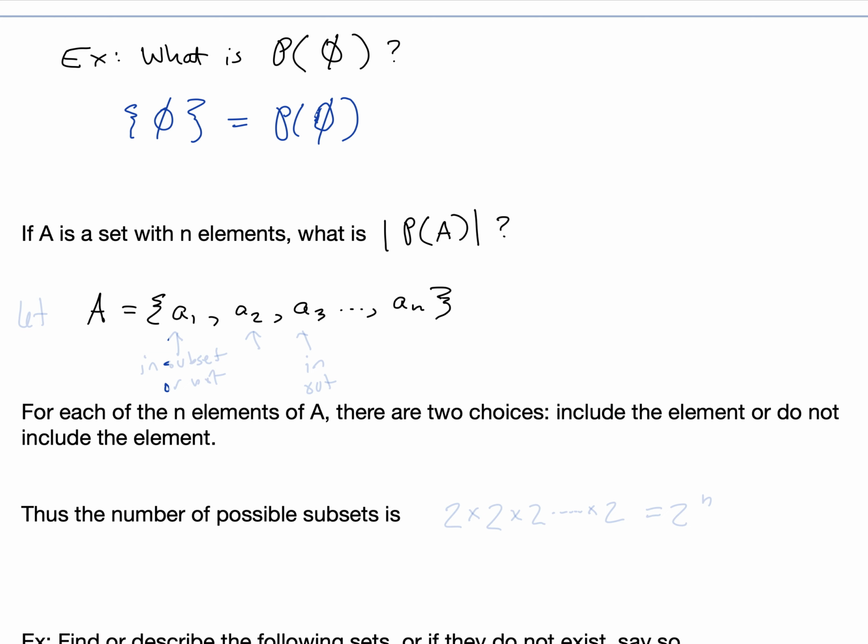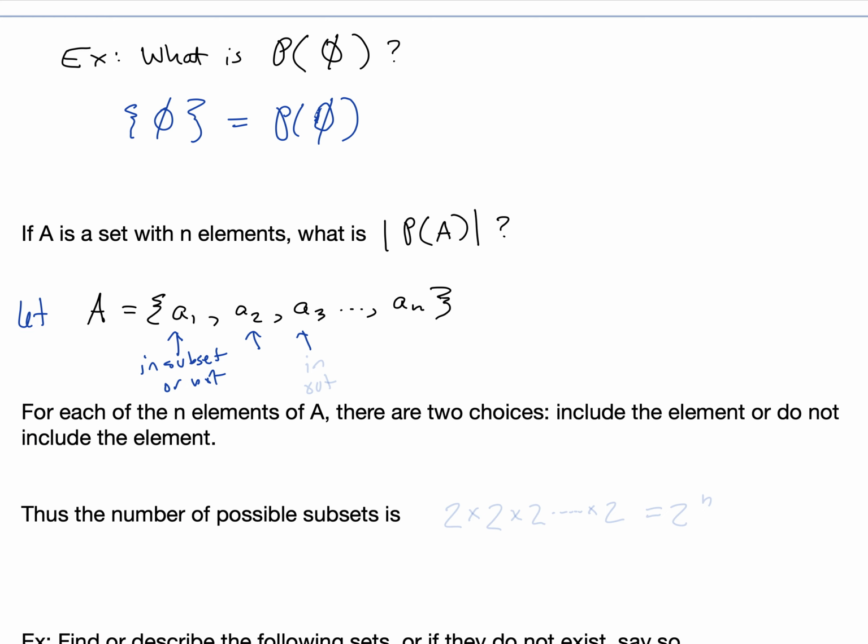If A is a set with n elements, what is the cardinality of the power set of A? So let's let A be equal to the set containing A1, A2, up through An. Those are these n elements, whatever they happen to be. And for each of the n elements of A, there are 2 choices. A1 is in the subset or not, and A2 is in the subset or not, and A3 is in the subset or not, etc. So we have 2 choices for each element of A when we select a subset.